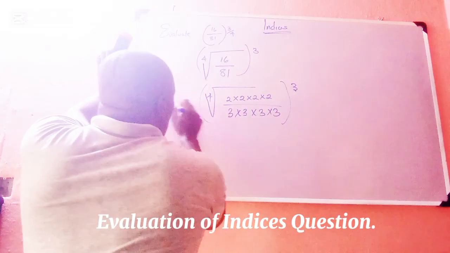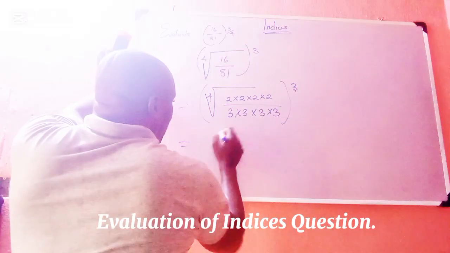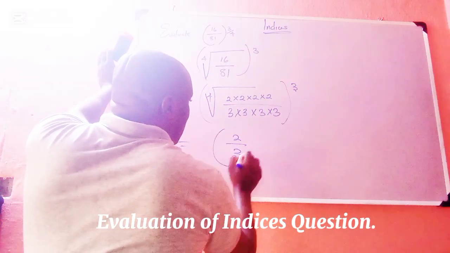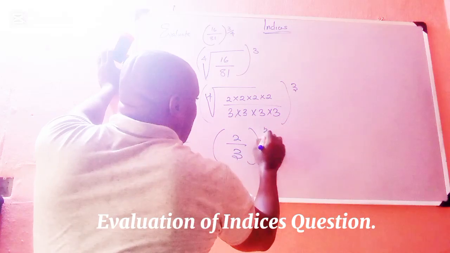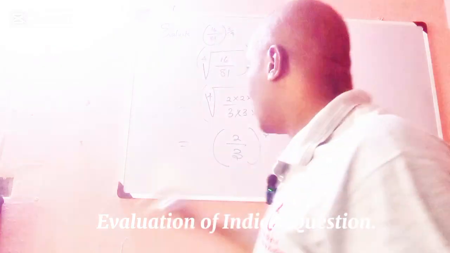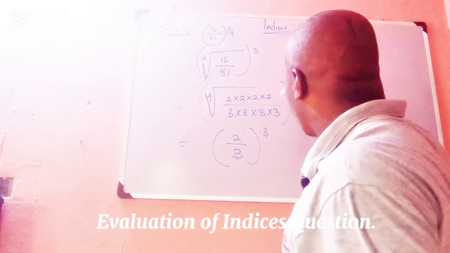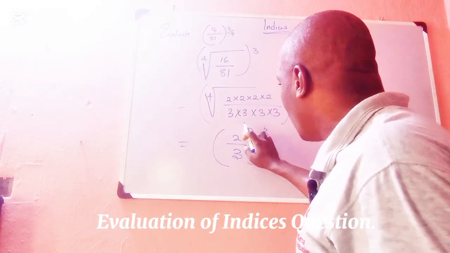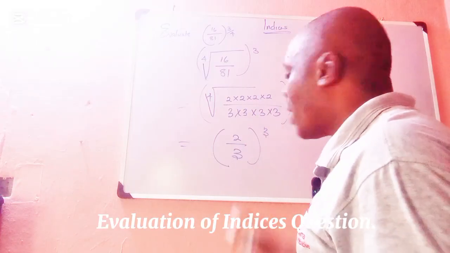So we have 2 over 3 raised to the power of 3, as the fourth root has cancelled out all of this.